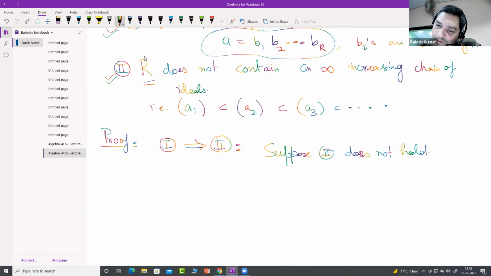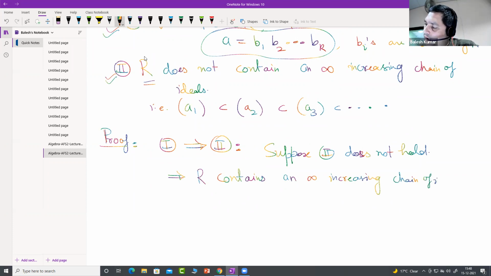So this implies that R contains an infinite increasing chain of ideals. That means the ideal generated by a1 is properly contained in the ideal generated by a2, which is properly contained in the ideal generated by a3, and so on.